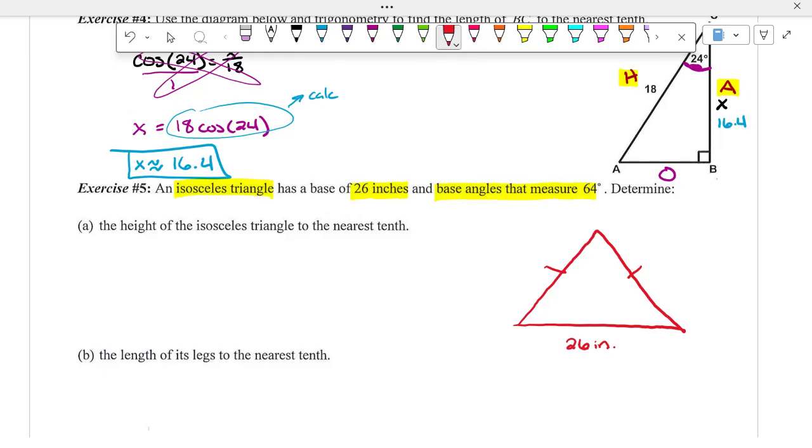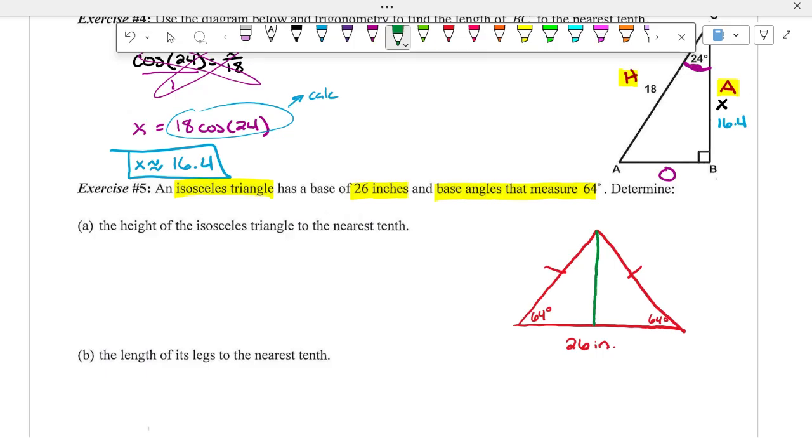And it says the base angles are 64. So that means that these two congruent angles are both 64. Now, it wants us to find the height of the isosceles triangle to the nearest tenth. So in other words, if I drew a line straight from the tip of the isosceles triangle to its base, first off, what would that make the isosceles triangle into?